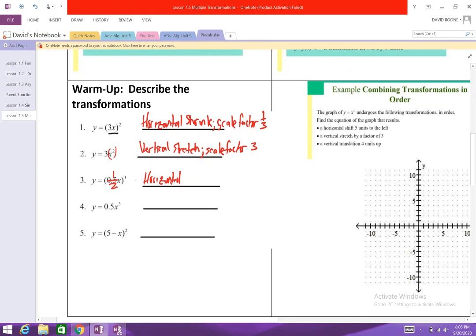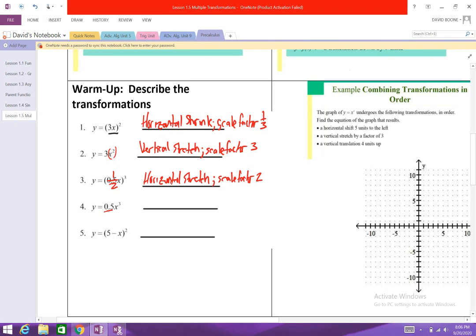If it's a half, that's a smaller number, but think opposite, so it's actually getting bigger. It's actually stretching because it's inside the parentheses. So it's a horizontal stretch. And the scale factor, because it's inside, we think opposite, so we reciprocate that. The opposite of 1/2 would be a scale factor of 2.